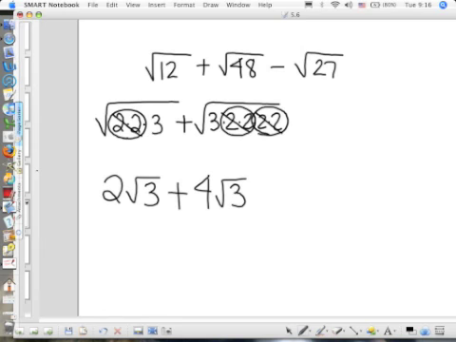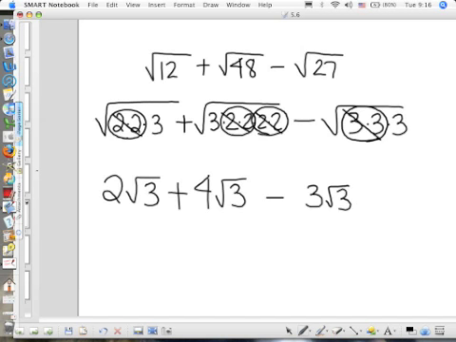And now let's look at 27. 27 is 3 cubed, is it not? Okay. Well, I have one pair or one group of 3, so I can pull out 1 3. And I still have a 3 left under the radical.